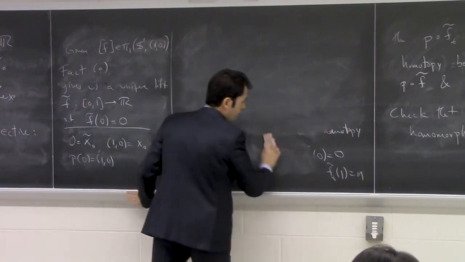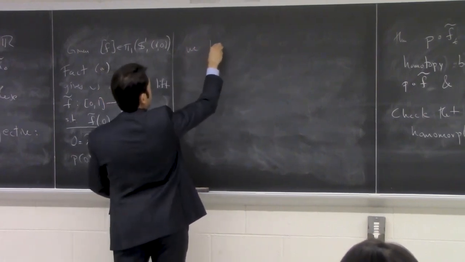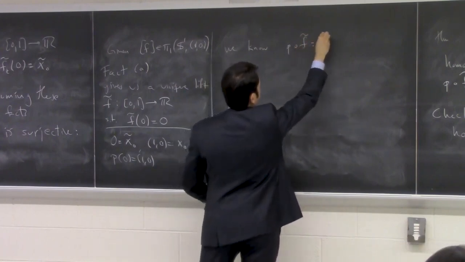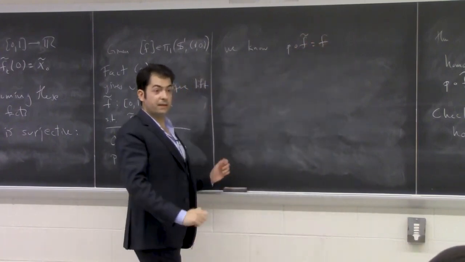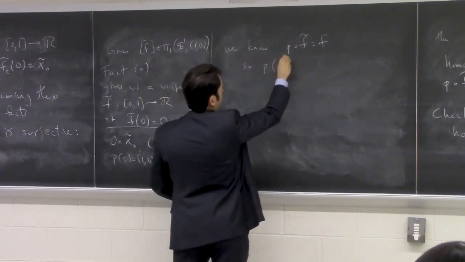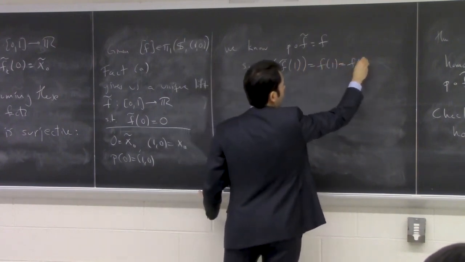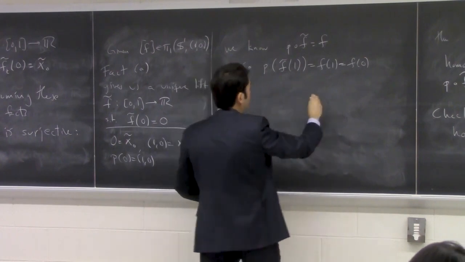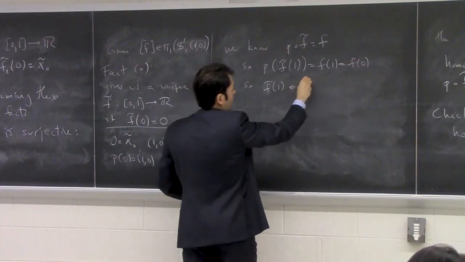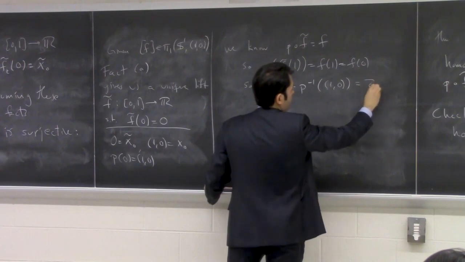Now we know that the original path was a loop. So we know it's a lift. That means that if you compose it with P, you get back the path you started with. So P of F tilde of 1 is equal to F of 1, which is equal to F of 0. Right, so F tilde of 1 is in the inverse image of 1, 0, which is precisely the integers.